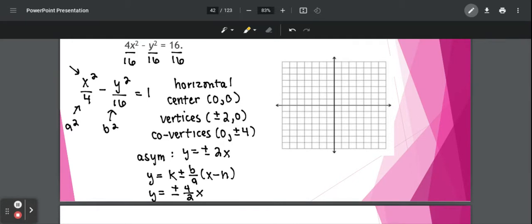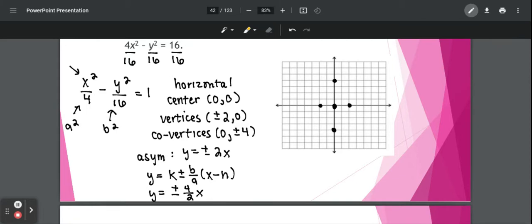So now when we graph this, we'll start by graphing our center at 0, 0. Our vertices are at 2, 0 and negative 2, 0. Our co-vertices are at 0, 4 and 0, negative 4.